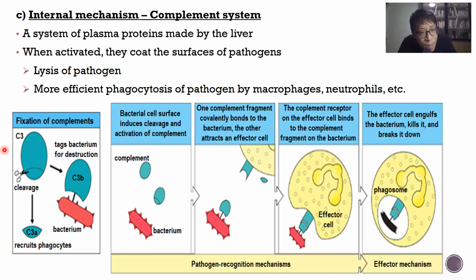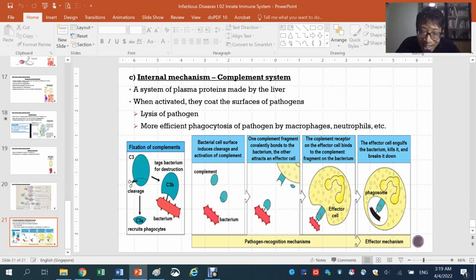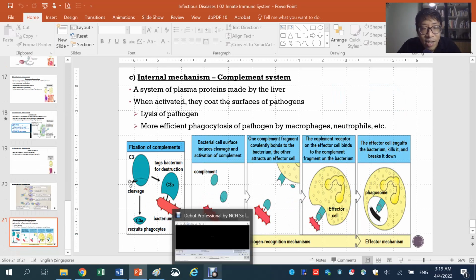Once they bind to the pathogen, they become a signal for the phagocytes, like macrophages and neutrophils, to recruit them, making it easier for them to come and bind to the pathogen, so that facilitates phagocytosis. So these are the different mechanisms by which the innate immune system protects us from infection early on.